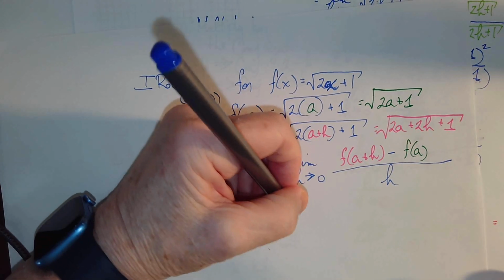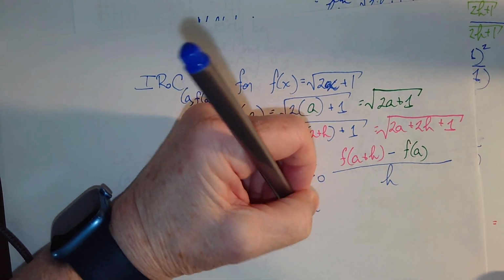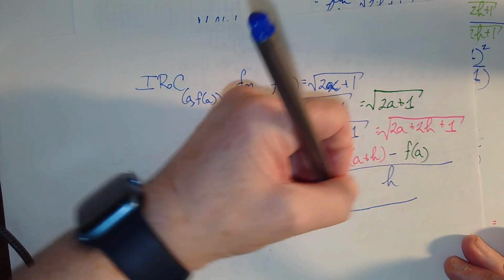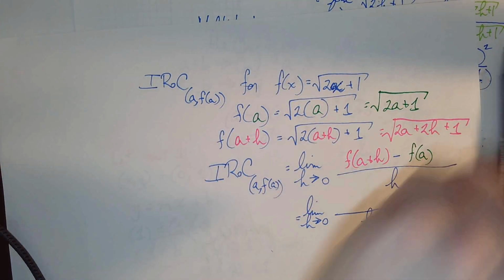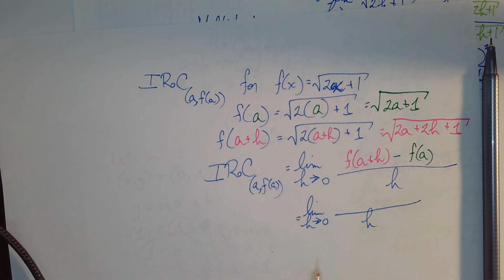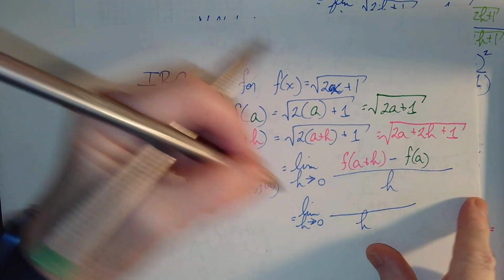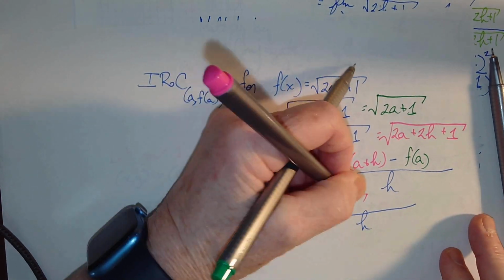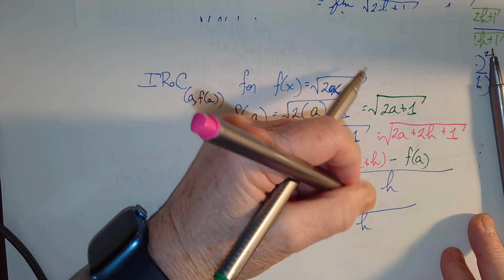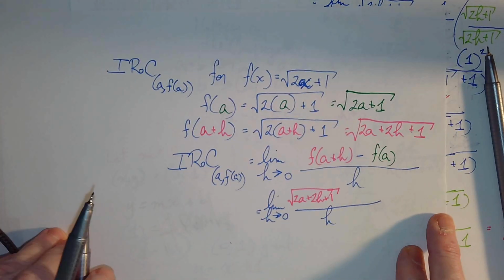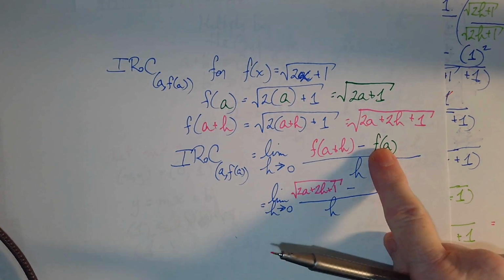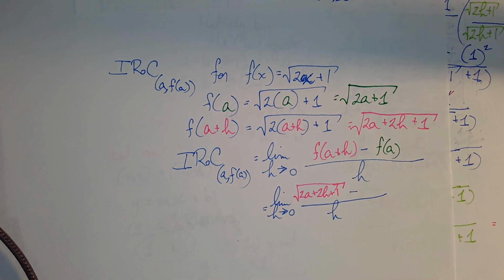So we get that the limit as h goes to 0 of f(a plus h), which is the square root of 2a plus 2h plus 1, and f(a) is the square root of 2a plus 1.